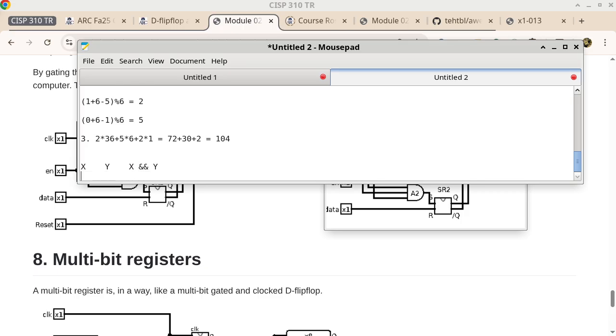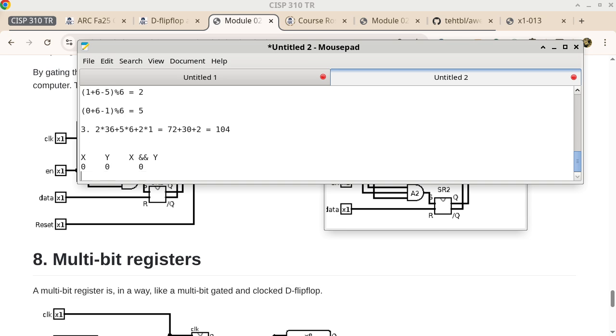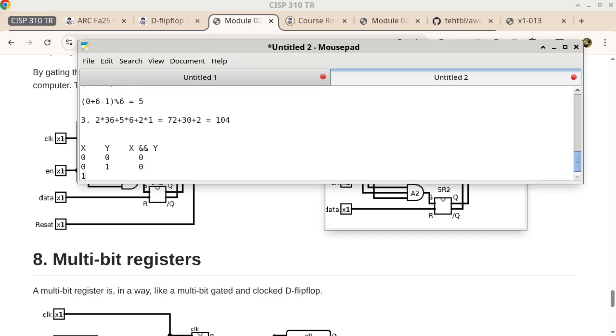There are several ways to do it, but this is probably the best way. So we have 0, 0, and this is going to be 0. We have 0, 1. This is also going to be 0. We have 1, 0, sorry. This is going to be 0. And 1, 1 is going to be 1. So the question now is, what about 1 and y?